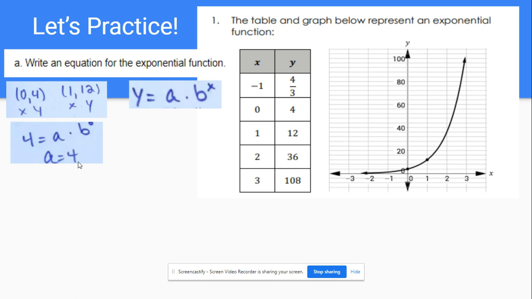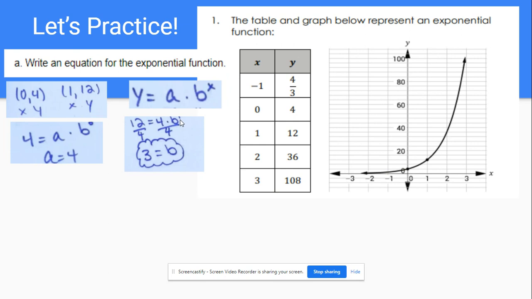Now I need to solve for b. In order to do that, I'm going to use the second ordered pair. So y is 12, so I replaced y with 12. I know the a value, a is 4, so I substituted a with 4. I don't know what b is yet, but I know in this case x is 1. So there's a tiny 1 right there.